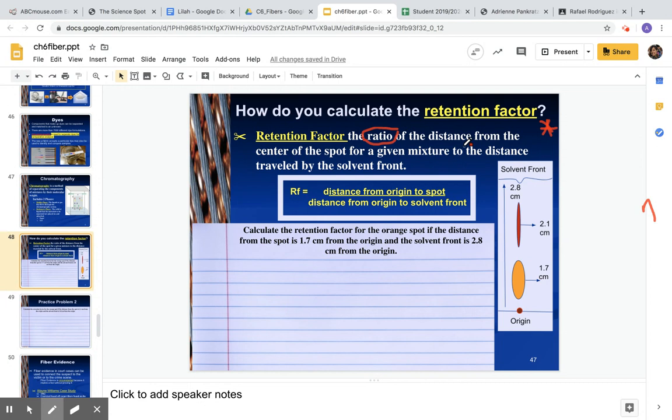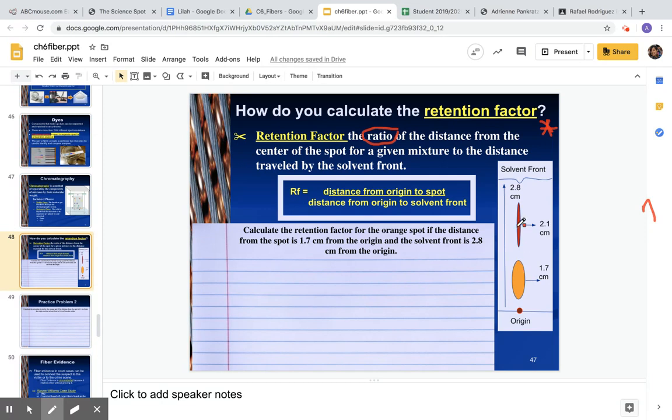And we're going to be looking at the distance from the center of the spot for a given mixture to the distance traveled by the solvent front. So what we have is what we call the origin, and here's our origin. We have two spots. This particular mixture, whatever color that was, like a reddish brown, was made up of two spots. We have spot 1, spot 2.